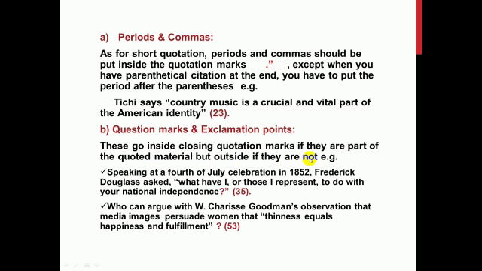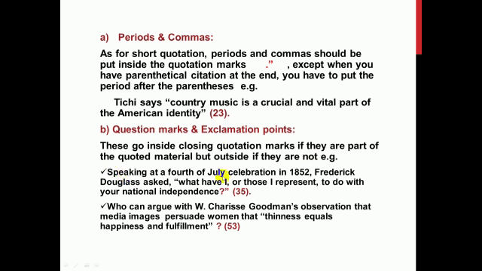So what you can understand in this case, you have to put the question mark inside the quotation marks if the question mark is part of the quoted material. But if the question mark is part of my own words, in my own talking or writing, it would be outside the quoted material. For example, let's start with the first example.